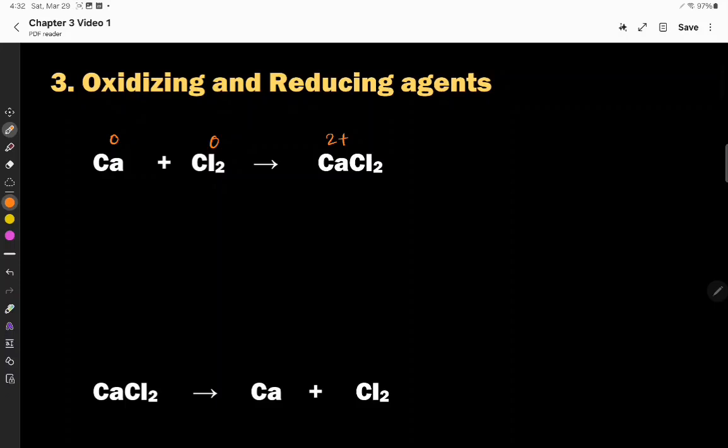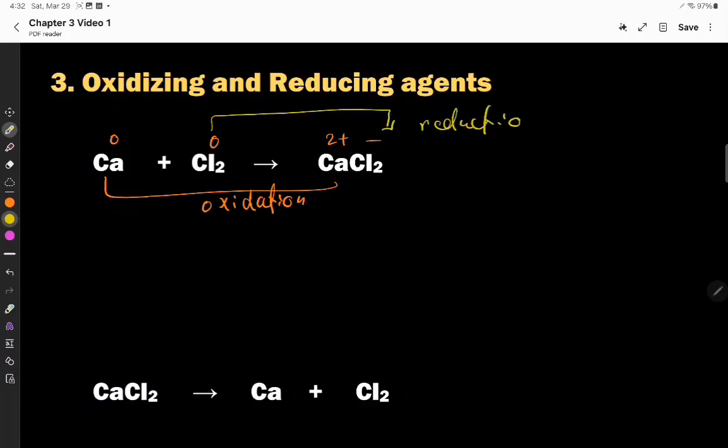Now in this compound it is negative. What happened to calcium is oxidation. Calcium is oxidized. What happened to chlorine? Chlorine from 0 to negative is a reduction. So calcium is oxidized, chlorine is reduced.